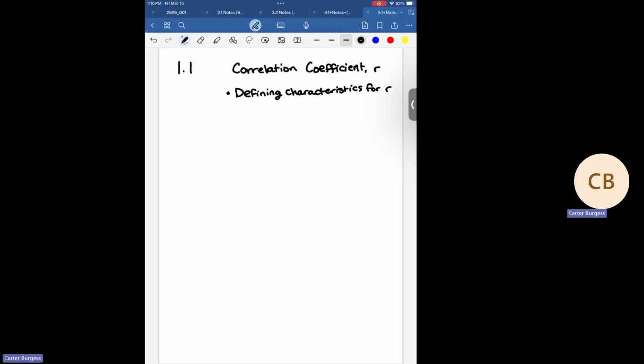Strength is definitely one. We'll unpackage what that means momentarily, but absolutely strength. And then what else? What do you mean by form? Positive or negative? I would describe that as direction, maybe. Yeah, but I don't dislike form either.